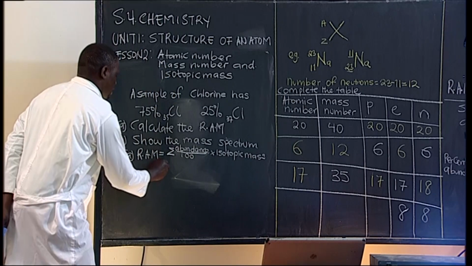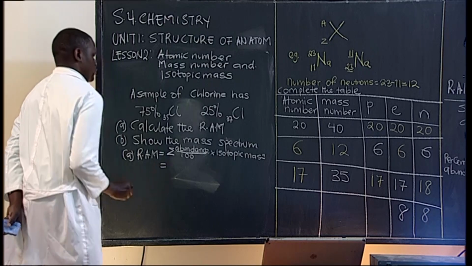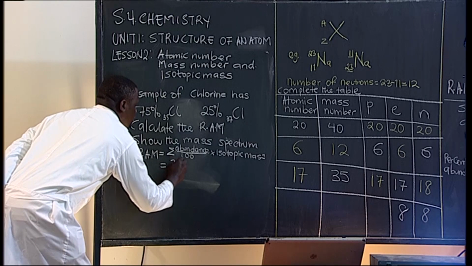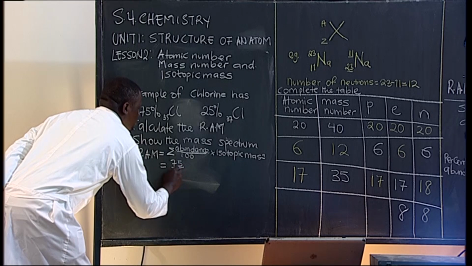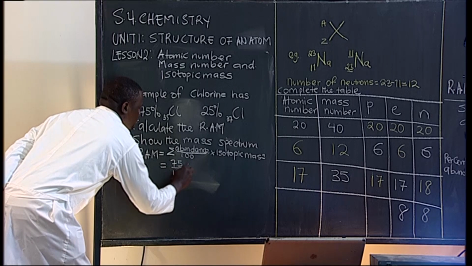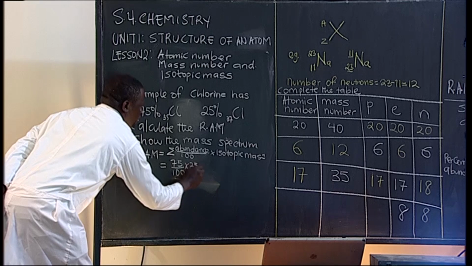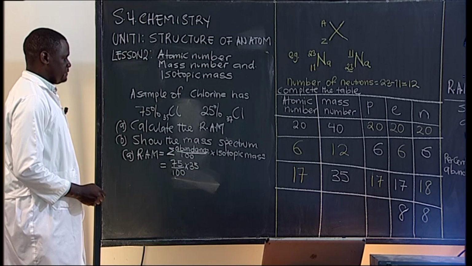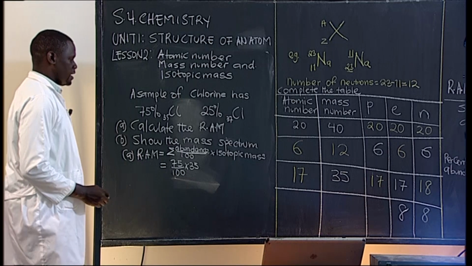Then from there, let's go slowly. So we say 75 out of 100 times 35. So we begin with the percentage abundance.